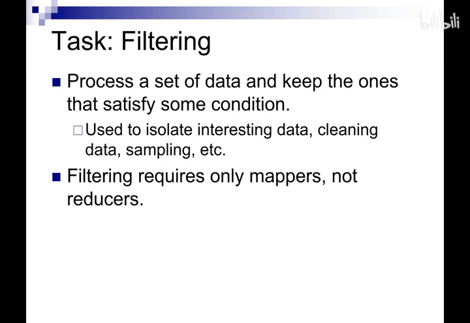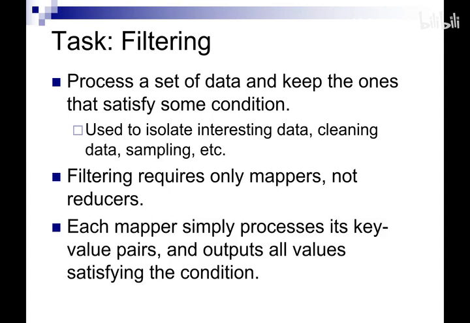It's actually very easy to do filtering in MapReduce. In fact, we don't even need the reducers. All we need are the mappers. We assume that the data is stored in key value format, and we're trying to keep the pairs where the value satisfies some constraint. So the condition is going to be on the values in the key value pairs.